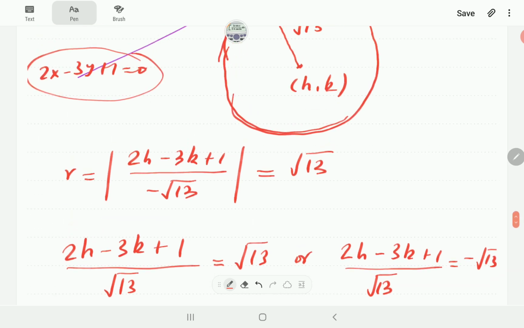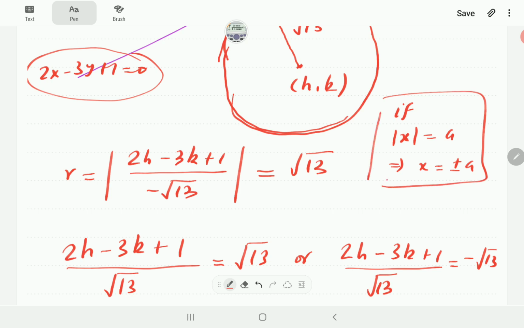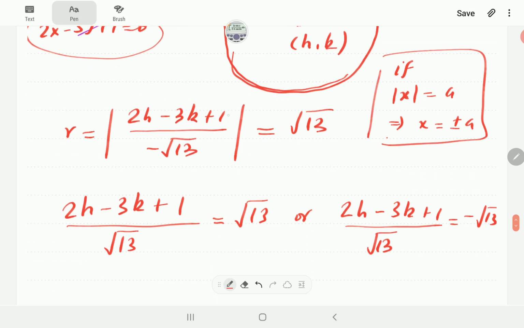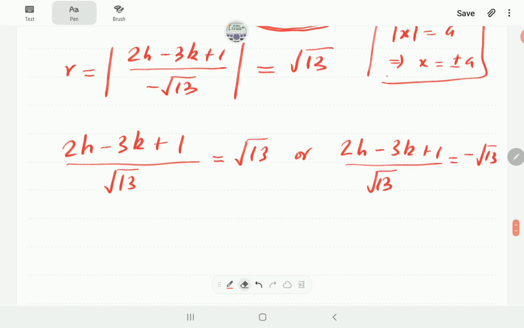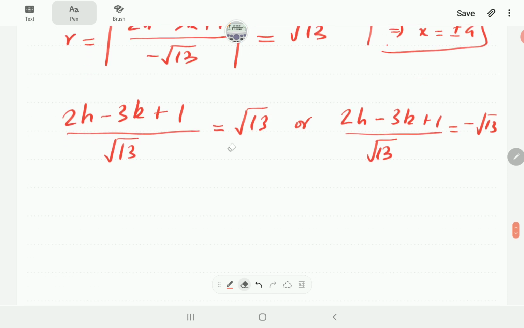The reason why this is the case is because with absolute values, if ever magnitude of x is equal to a, then it means x is plus or minus a. So that means when you remove the absolute values, it will be plus or minus square root 13. Just going to work with this one for now.